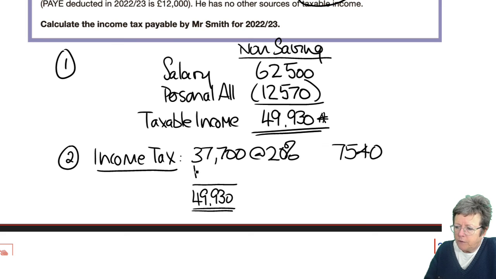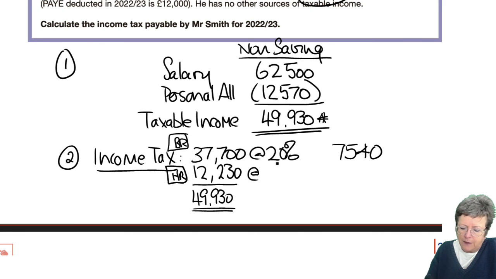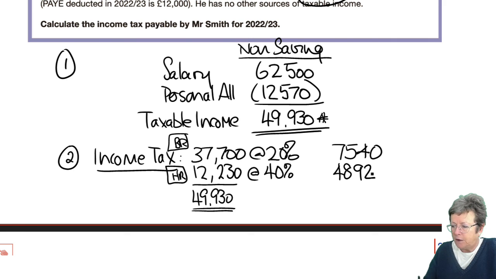Okay, so 12,230, those two together come to 49,930. That's going to be taxed at the high rate. So he's a basic rate here, up to that. Now he's a high rate taxpayer, and that's 40%, which is 4,892. Total 12,432.